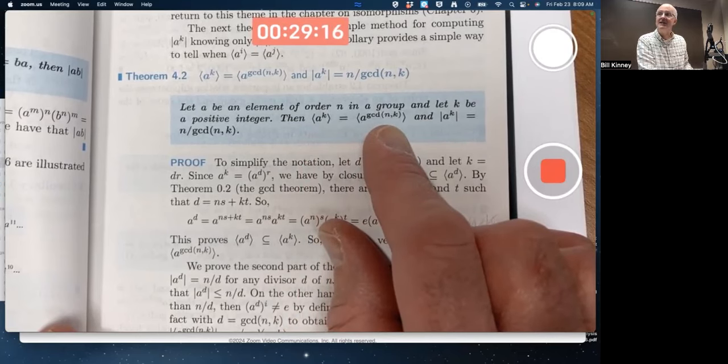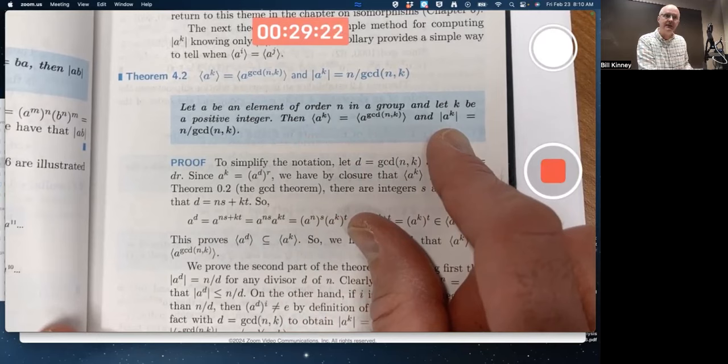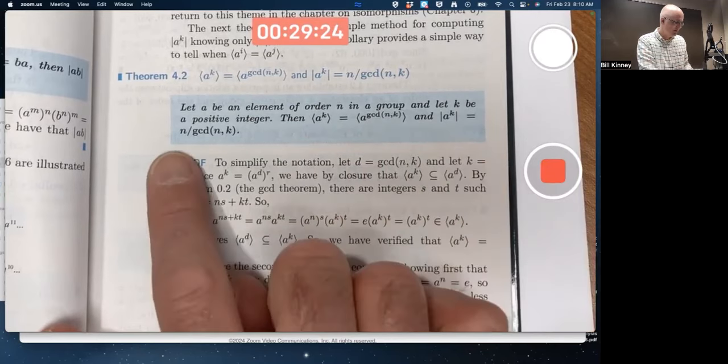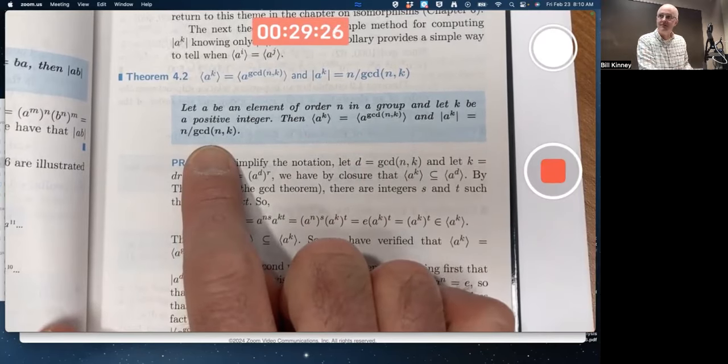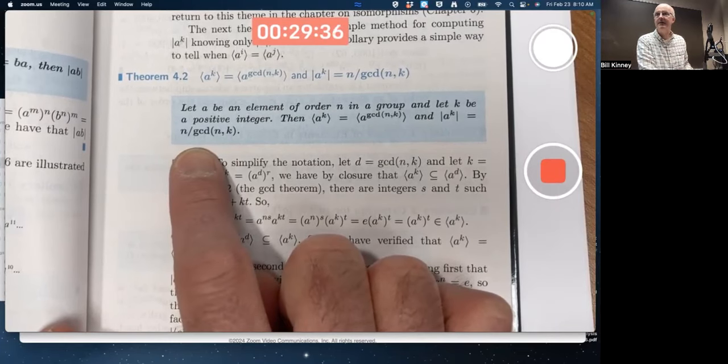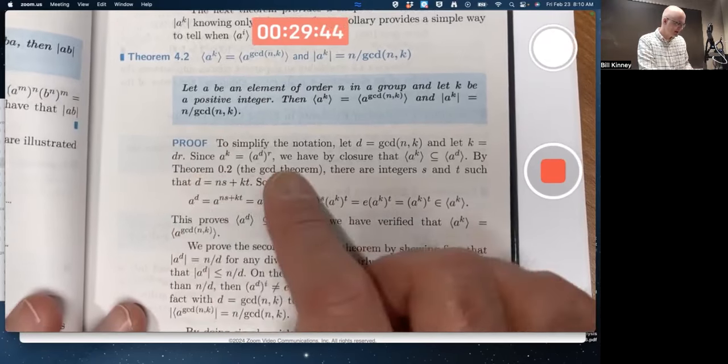Because 5 is the GCD of 15 and 40. And the order of a to the 15th would be 40 divided by 5, 8. It's pretty easy to see that a to the 5th would have order 8. It's also true that a to the 15th would have order 8. It's just one example. It's worth writing down and thinking about other examples. Well, let's study this proof.